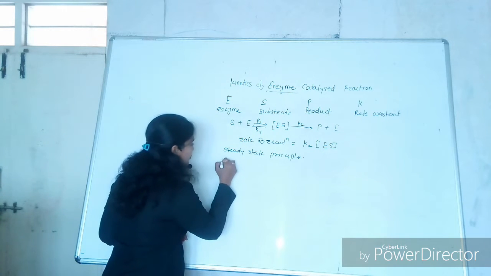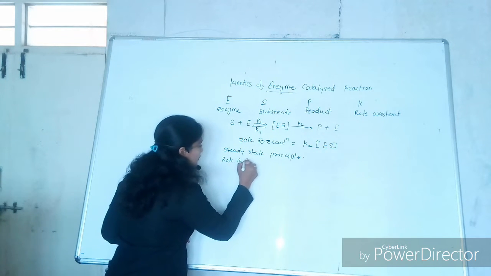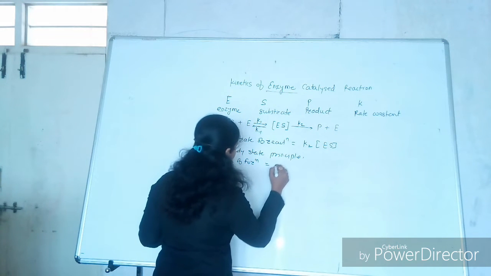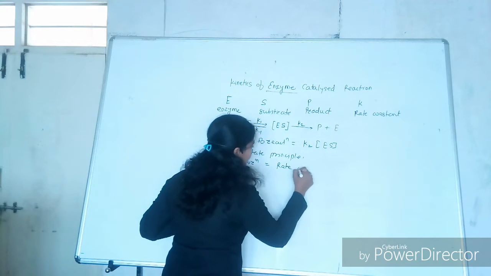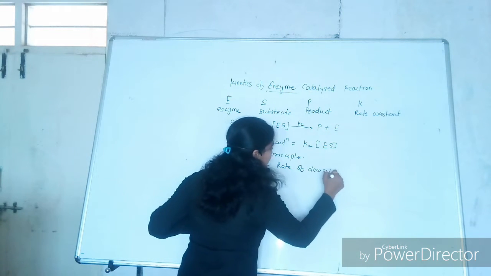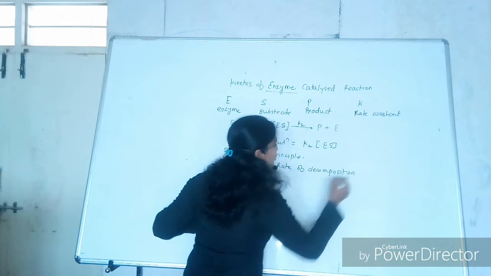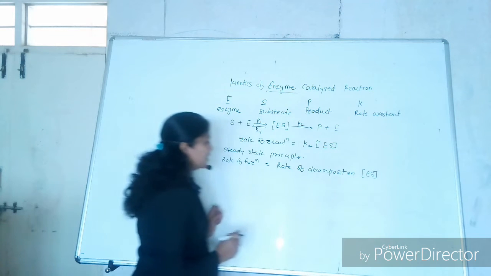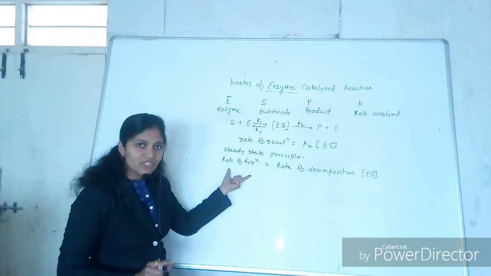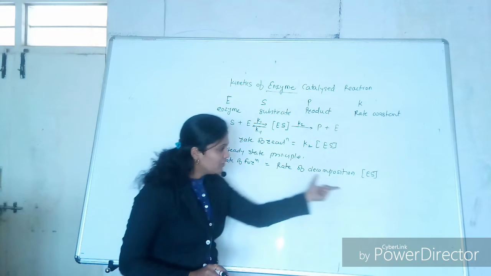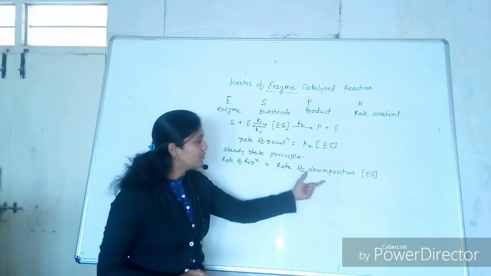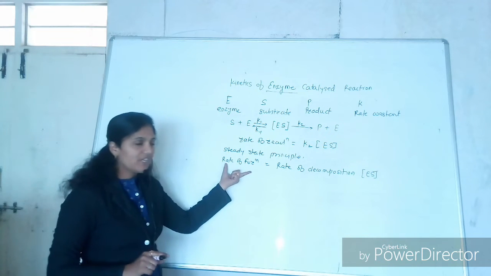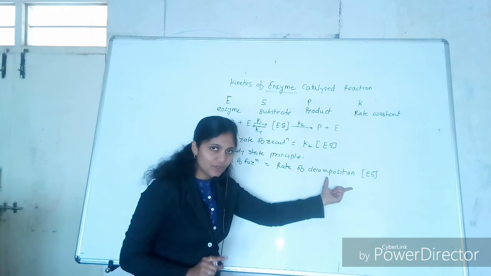According to the steady state principle, the rate of formation of any intermediate, here the enzyme substrate complex, is equal to the rate of decomposition of the intermediate. So we need to determine which steps are the formation and which steps are the decomposition of enzyme substrate complex.